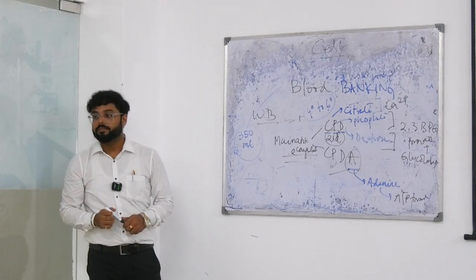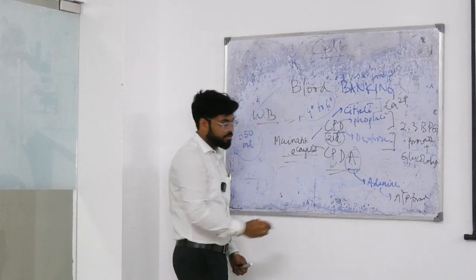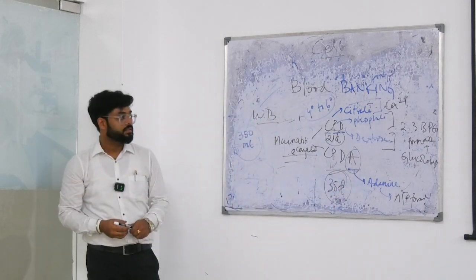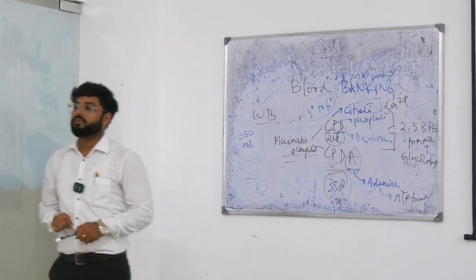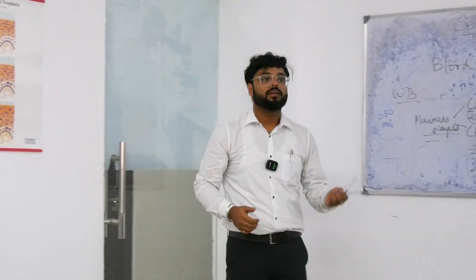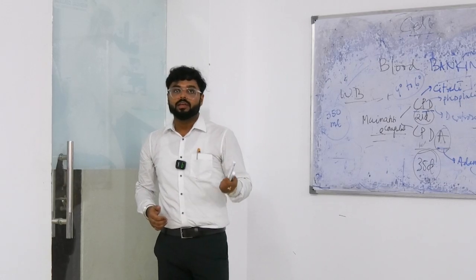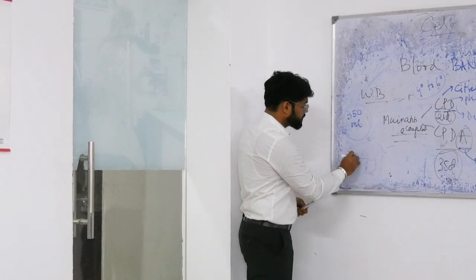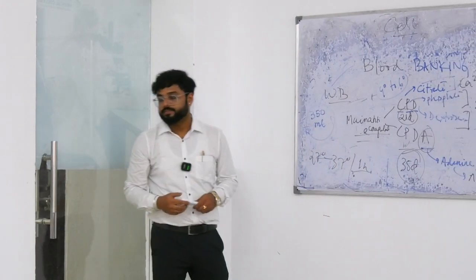And if CPDA is used, it is stored for 35 days, of course at 4 to 6 degree temperature. After taking out the whole blood bag, it has to be kept at 27 to 37 degree temperature, that is room temperature, at least for 1 hour before transfusion.